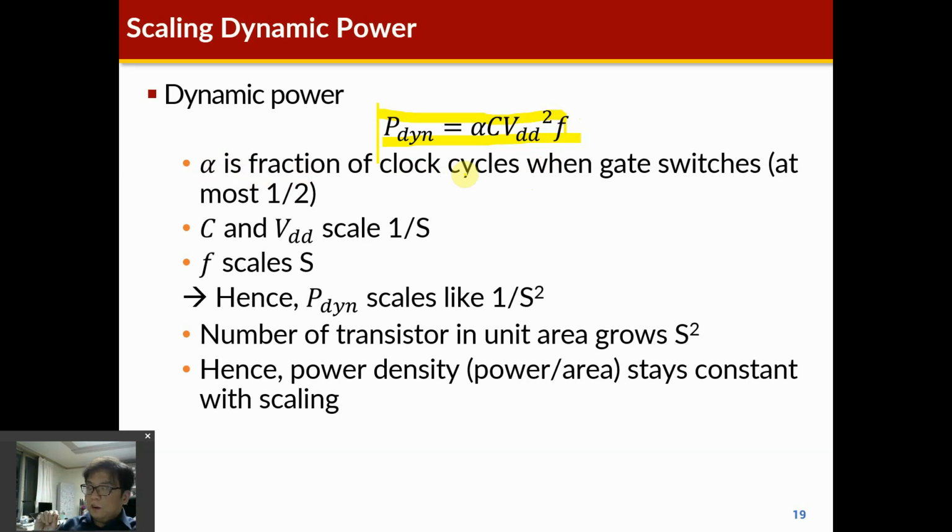But normally this alpha is less than 1/2. And this is some operational factor. This alpha does not depend on the CMOS technology or CMOS scaling. About the C and VDD.